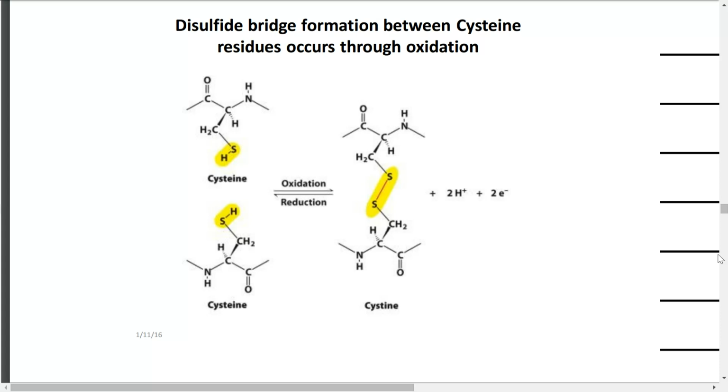In those particular cases, the ER itself is an oxidizing compartment. So only proteins that go through the endoplasmic reticulum, through the endomembrane system, will have disulfide bonds. And they are very strong because they are covalent. In order to break those bonds, you need to reduce them in the lab with a reducing agent. Otherwise, that is a strong covalent bond.